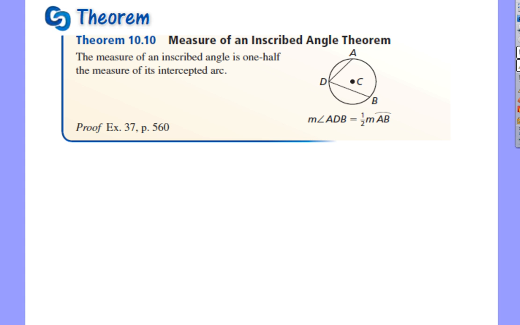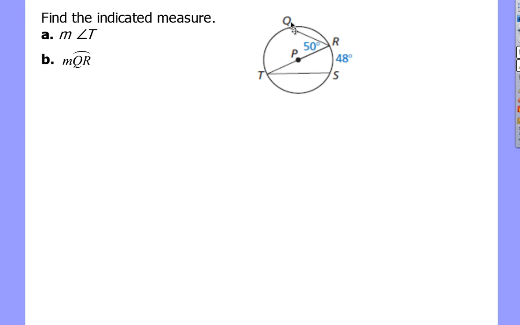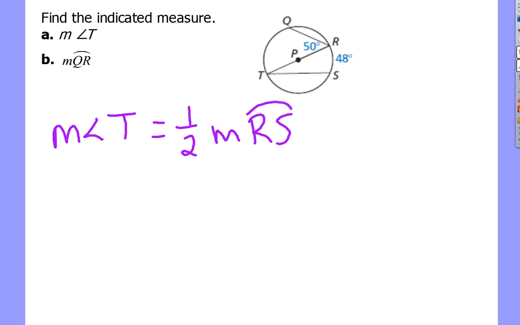Let's take a look at a couple examples here, and we can use this in some basic application. First, it wants to know the measure of angle T. Right here we see angle T, and we see that it has an arc RS that is intercepted and subtend to angle T. So the measure of angle T would be equal to 1/2 of the measure of arc RS.